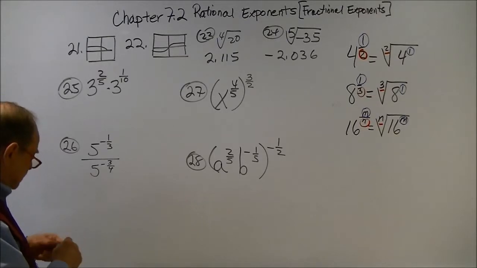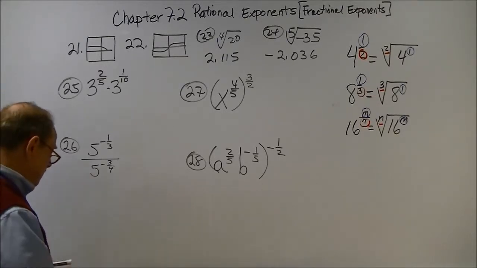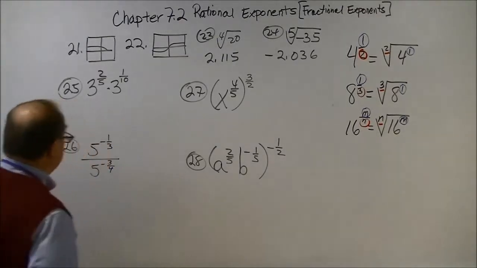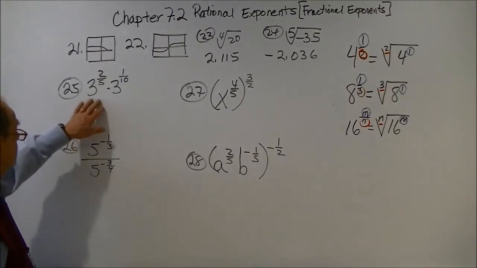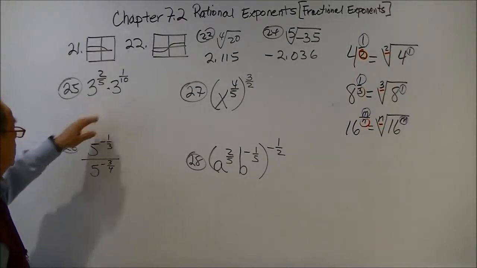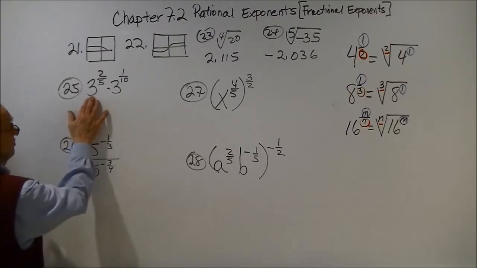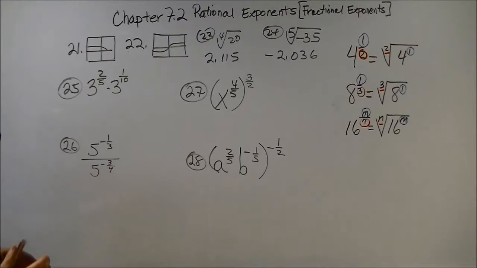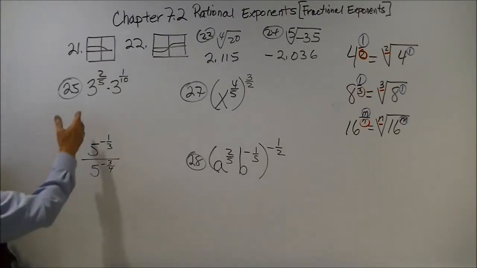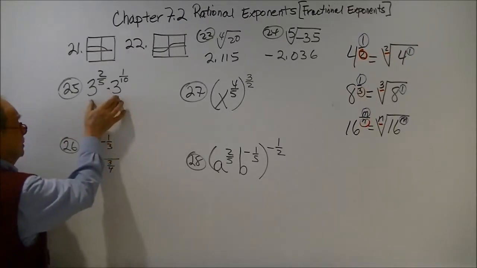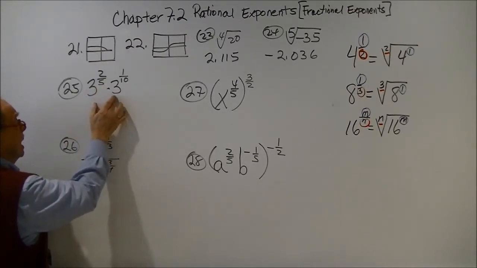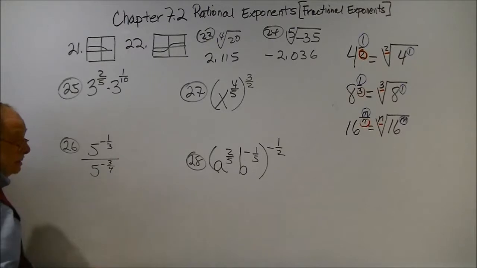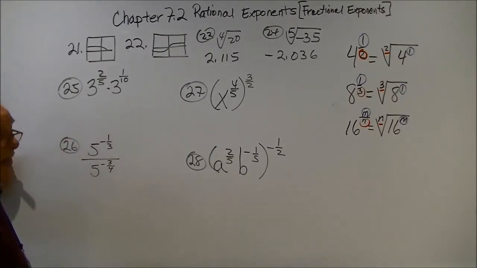Now this next part is really crucial to our work, and what they're asking here is to multiply fractional exponents. And you might say, well, what rules do we use for this? Well, the same rules that we use when we are multiplying exponents, and that rule is to add them.